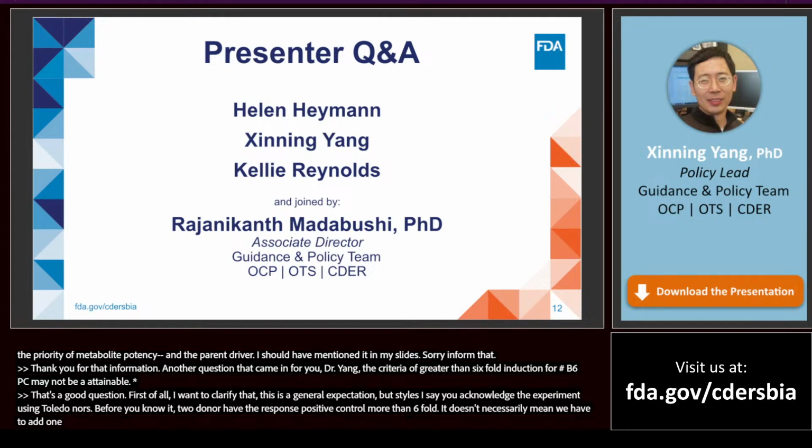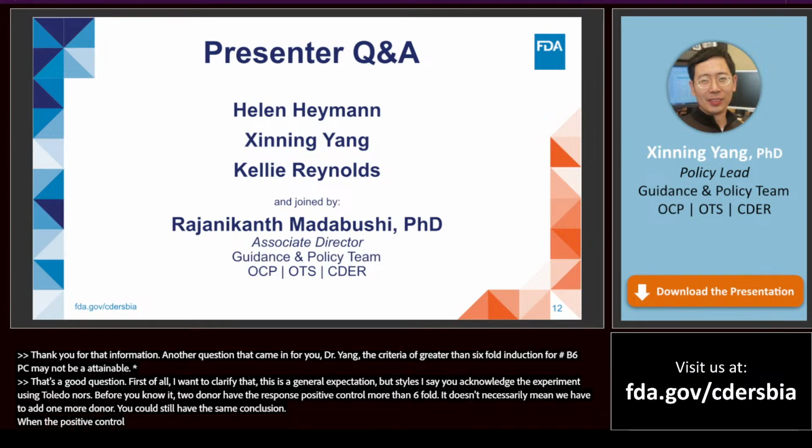We could still derive the same conclusion. When the positive control is less than six-fold, that 20% is used to avoid potential false negative prediction. I think for CYP2B6, this actually may not be a big problem.